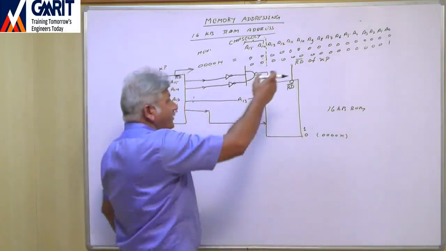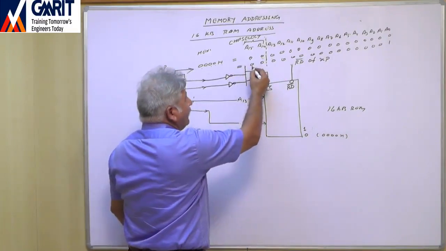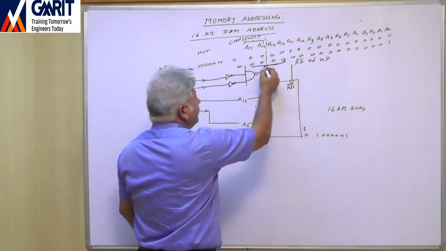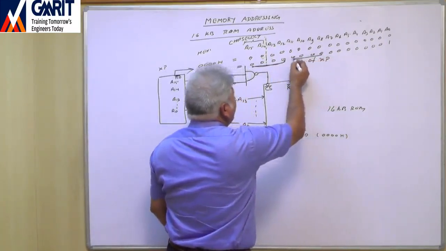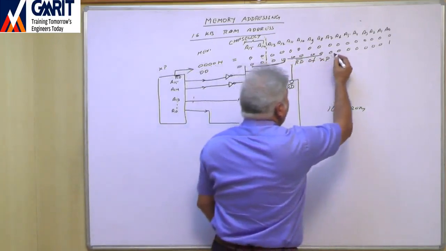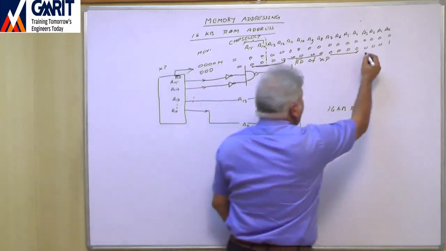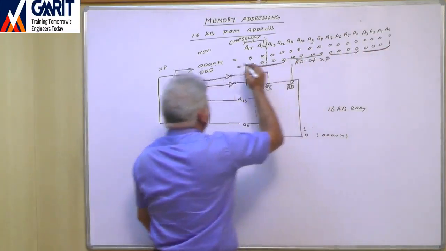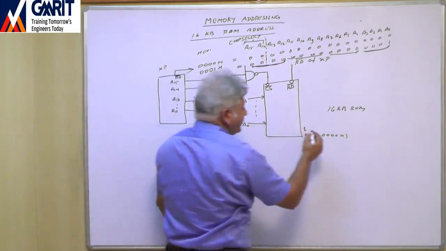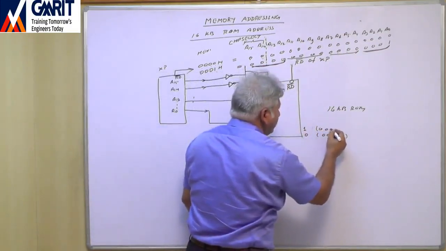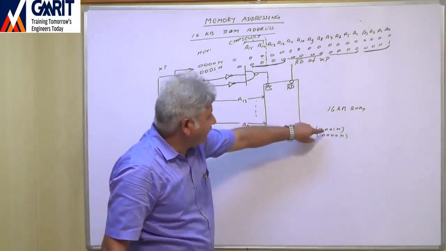Now in hexadecimal, these 4 groups of zeros will be 0, 0, 0, and this last group is 1. So 0001H. This will be the next location address.